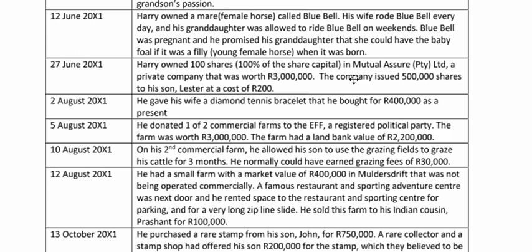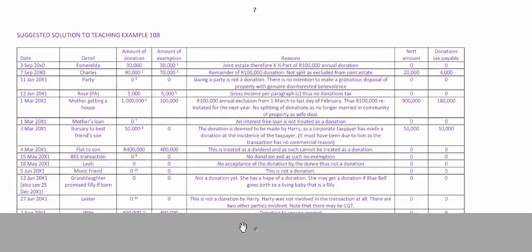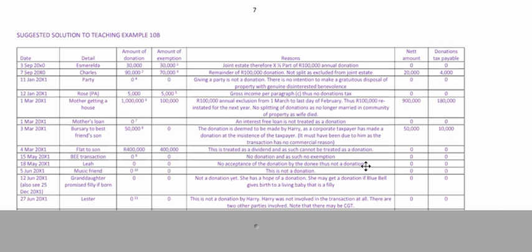It's between the company and Lester. So even though Lester is actually getting shares much, much cheaper, this is not a transaction that involves Harry, and it is not a donation. Therefore, if you have a look at the solution, there is no donation. But as you can see there in the solution, there may be a little bit of capital gains tax itself.